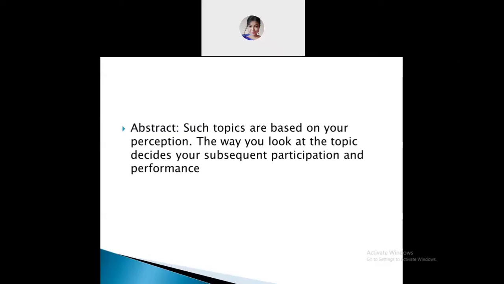Generally in group discussions, you will not get this kind of topics, and mainly you will get factual topics. It can be factual generic, it can be factual specific. Abstract topics are rarely given in group discussions, but you need to know about abstract topics as well, because if you get this kind of topic and do not know about it, you will not be able to discuss, isn't it?